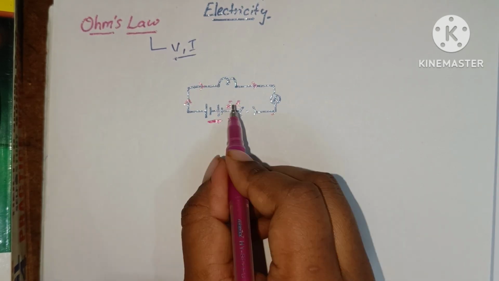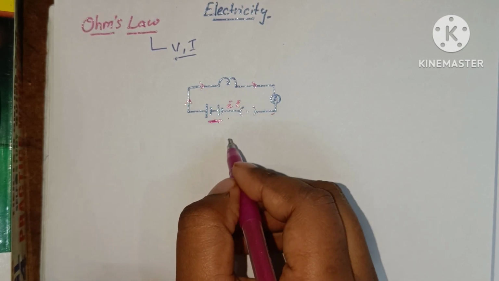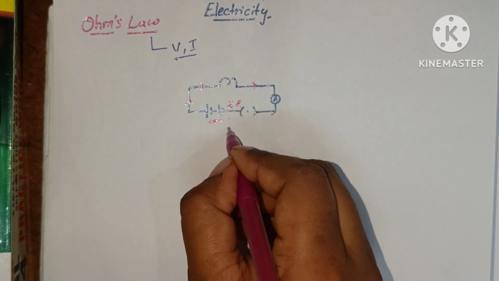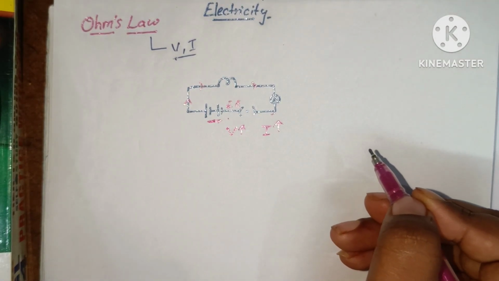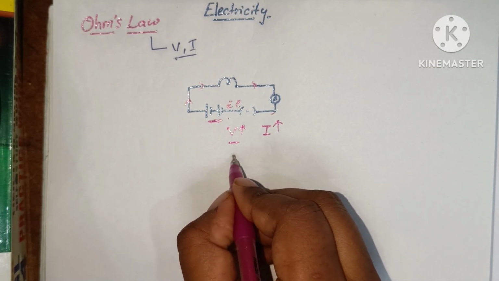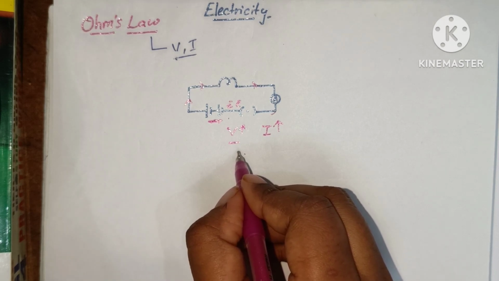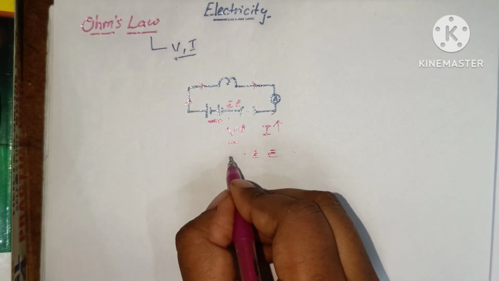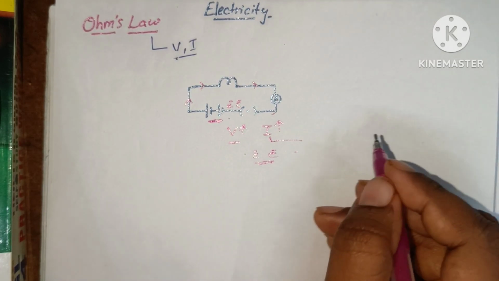Understanding my point? If the electrons move faster, what will happen? The current is also generated faster. That means if voltage increases, then current also increases, right? Because if more force is given to the electrons, if the pressure is more, then electrons will move faster and generate more current.